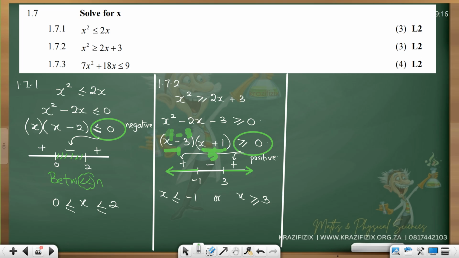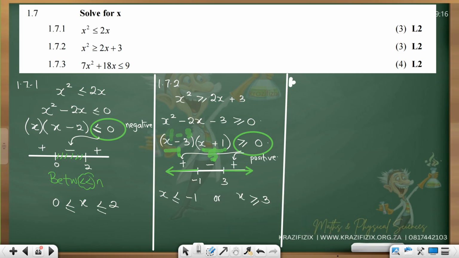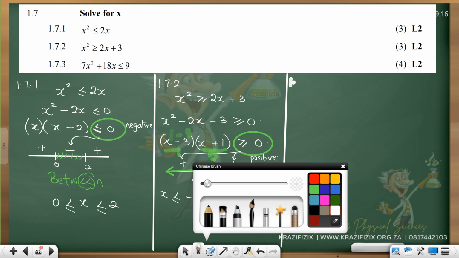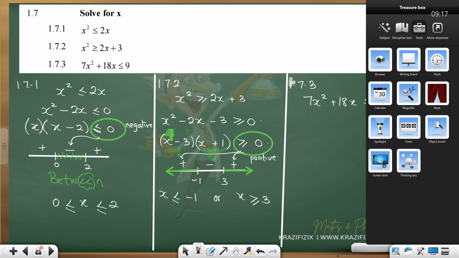Now 1.3. I'm going to try that quickly for me. Let's see if there are misconceptions that you have. And let's deal with it.